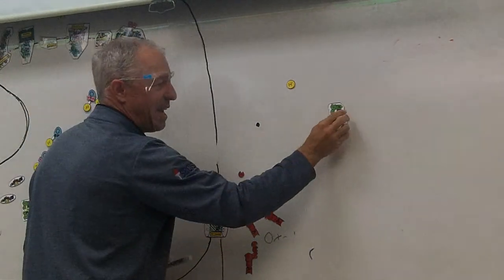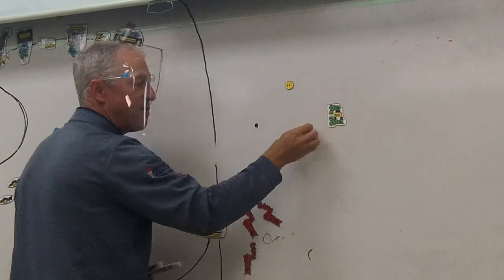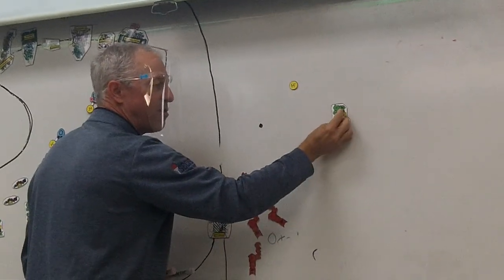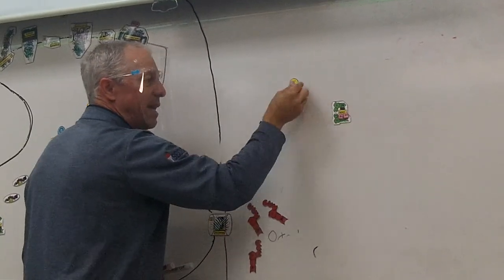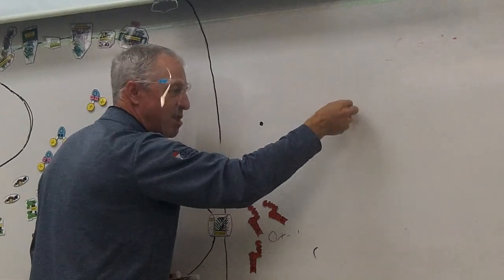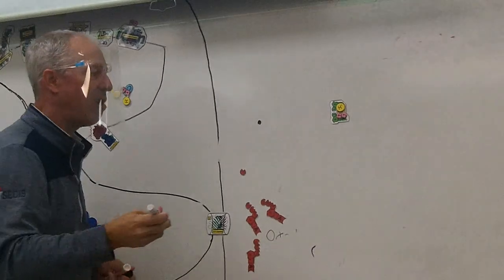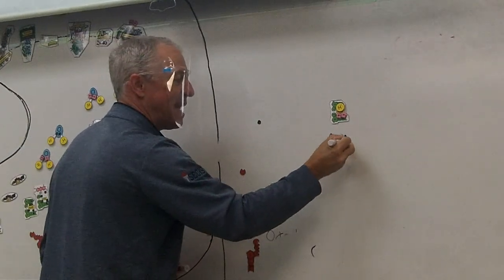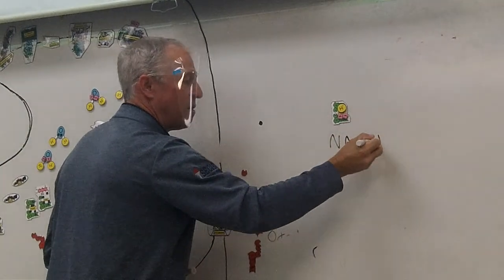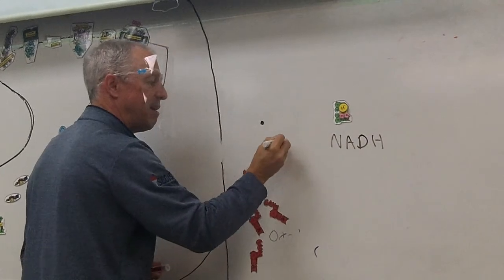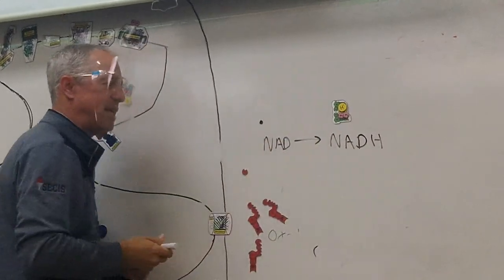So if the NAD, which is positively charged, picks up two electrons, it will also attract a positive hydrogen. And now it is a neutral molecule that we call NADH. NAD becomes NADH.